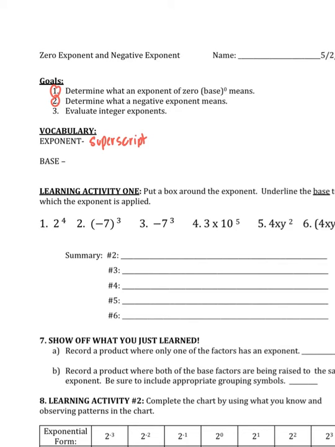Superscript means it's written up above. Superscript, that tells how many times the base gets multiplied by itself.